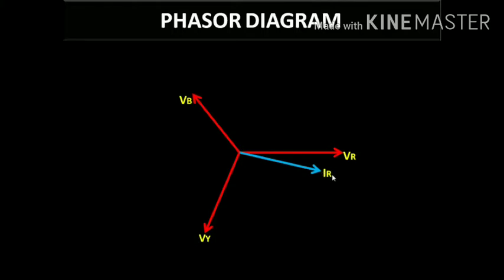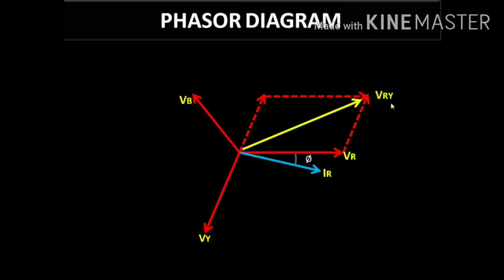This IR current is the phase current which is lagging behind the voltage VR by an angle of phi. Then we extend this line, by means of which we develop a phasor called VRY. It is the line voltage. This line voltage VRY is displaced by an angle of 30 degrees with respect to the phase voltage VR.